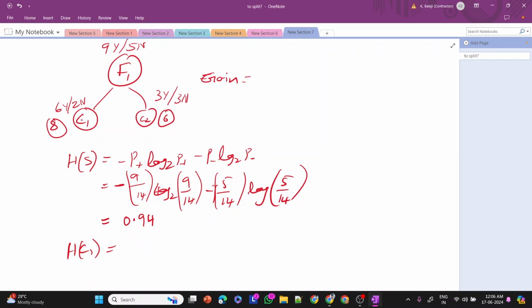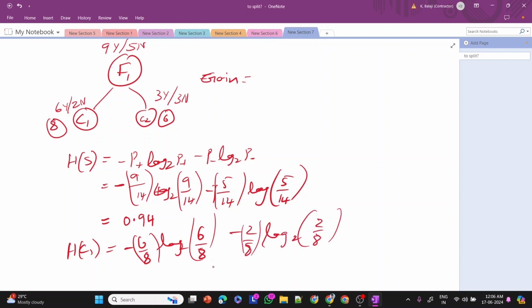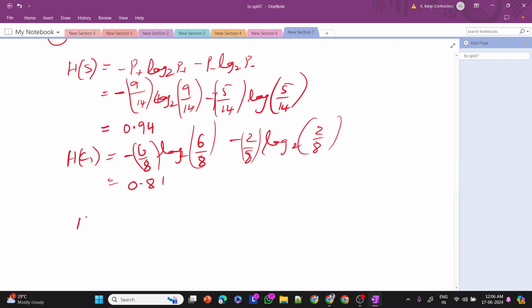When we compute the C1 entropy, we get minus 6 by 8 log 6 by 8 minus 2 by 8 log 2 by 8, which is 0.81. When we compute the entropy for C2, we get 1.